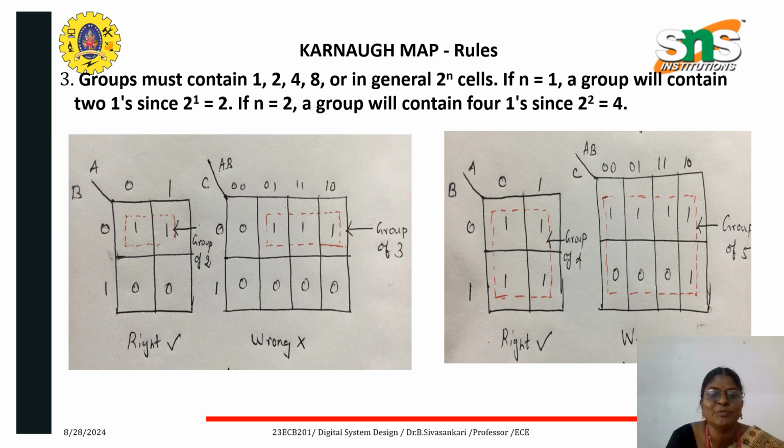If only one is available, you can encircle it, and it is named as an isolated term. We have only three types of grouping: pair, octet and quad. A pair means you can map two ones, an octet means you can map eight ones, and a quad means you can map four ones. So you can see here how it is mapped.